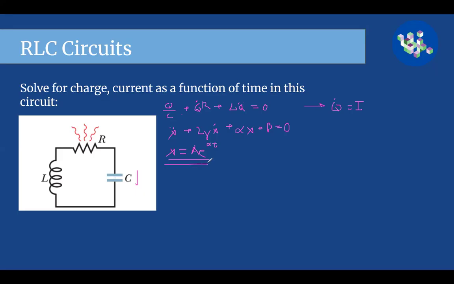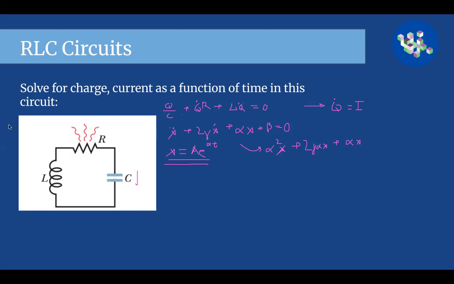If you plug in x equals A e to the alpha t, then x double dot gives alpha squared times x, and then plus 2 gamma x dot gives 2 gamma alpha times x.